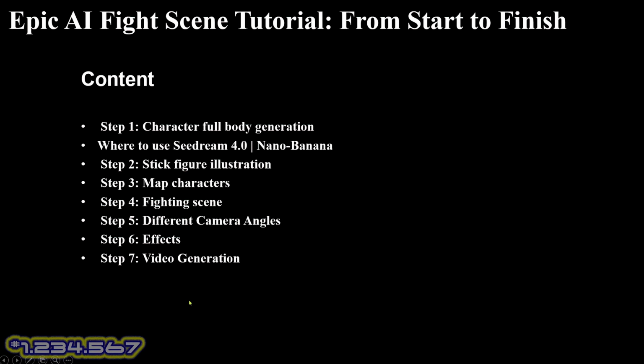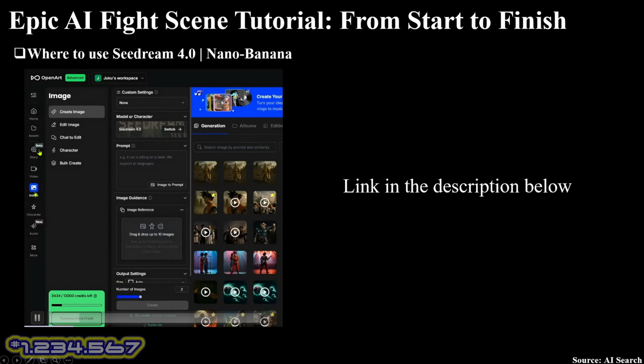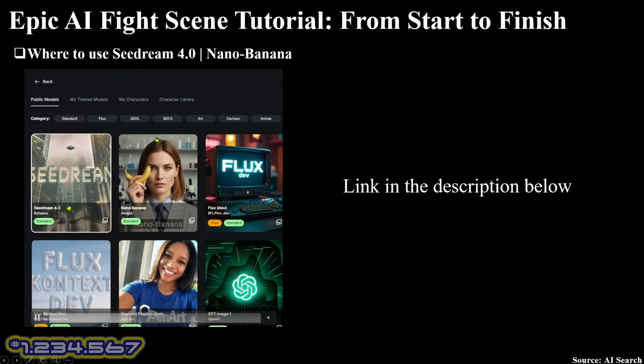So this is the entire content, including step 1 to step 7. Finally, I want to talk again about where you generate images. You click image, click create image, and select the model, as you can see over here. It includes Seedream 4.0 or Nano Banana.